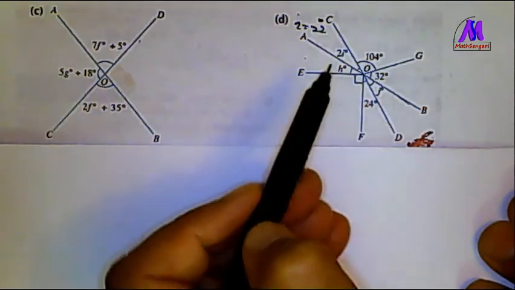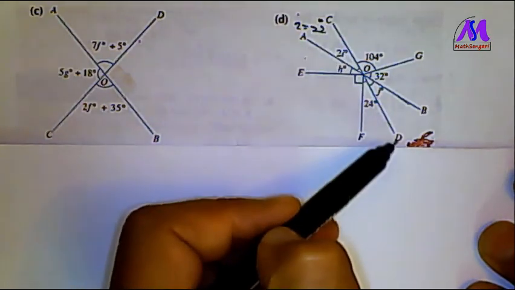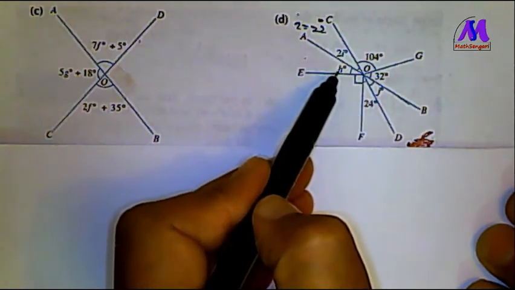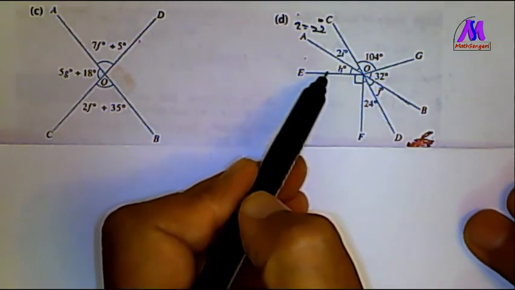Now if you concentrate on the straight line CD, look here, then you can easily find the value of h by the adjacent angles.